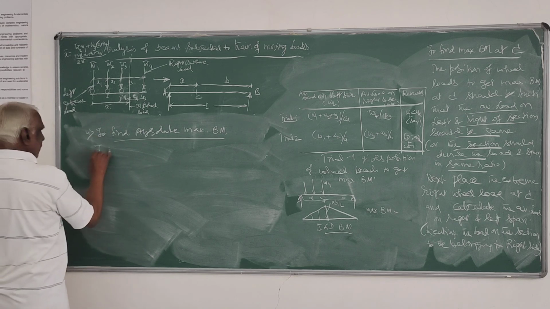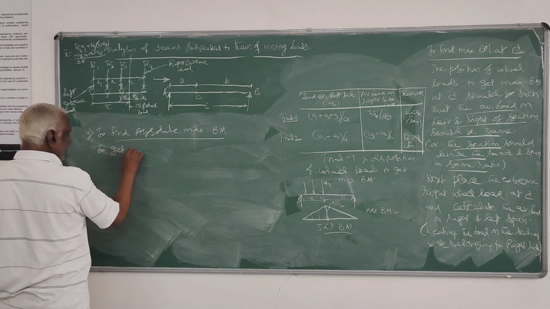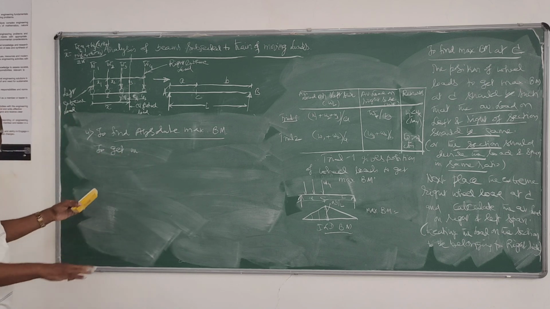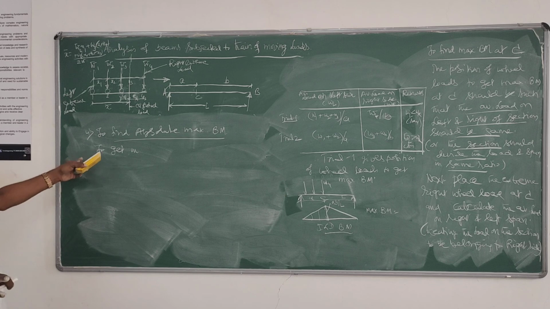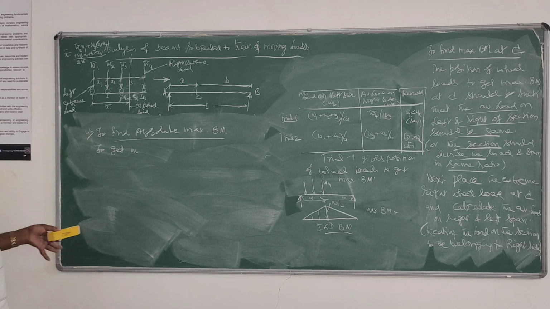So this is the criteria. First I will give you the criteria. You remember, you apply that particular criteria and place the wheel load, then use the standard ILD to work out the absolute maximum. Only the criteria applied is very, very important.